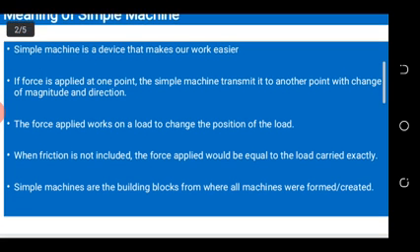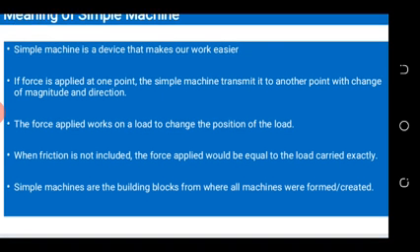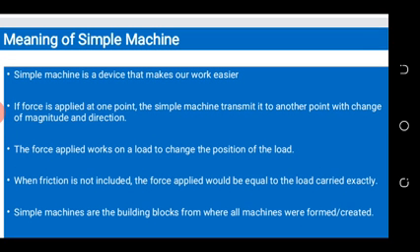Without friction, when friction is not there, the effort you put will yield the entire result you want. What that means is that the effort you apply on a load will be equal to the amount of the load that the machine would help you to process. But there's such a thing called friction. What is friction? Friction is the opposition.